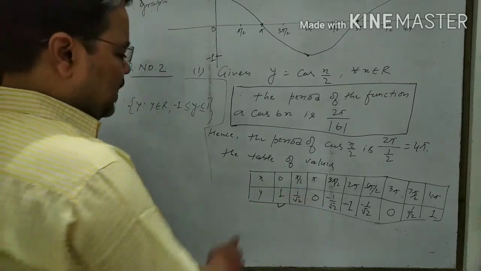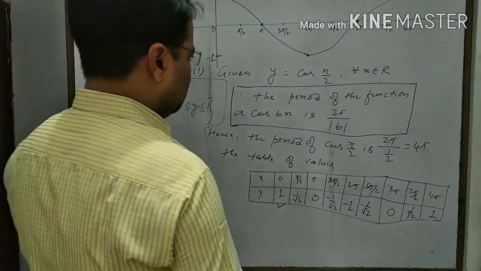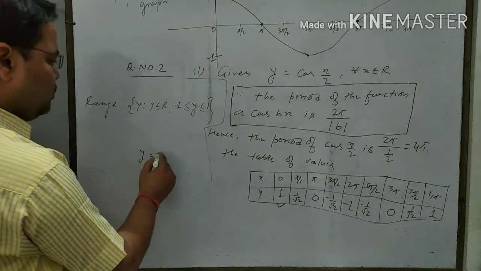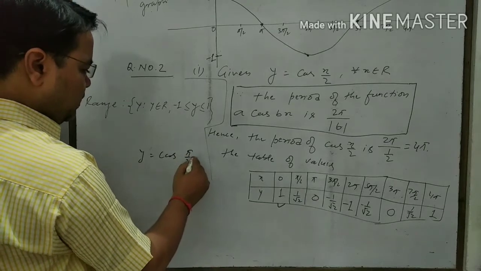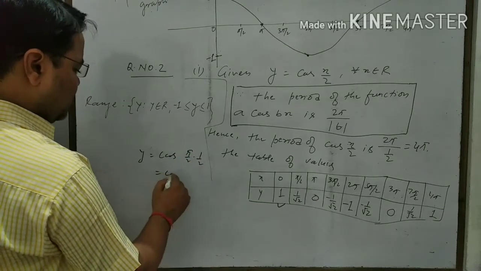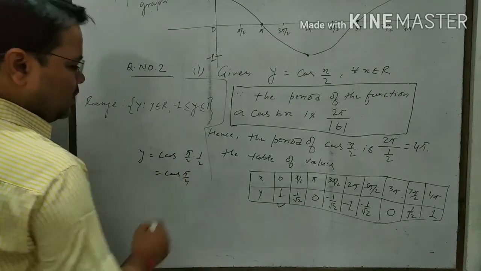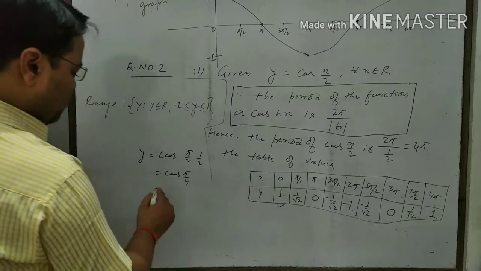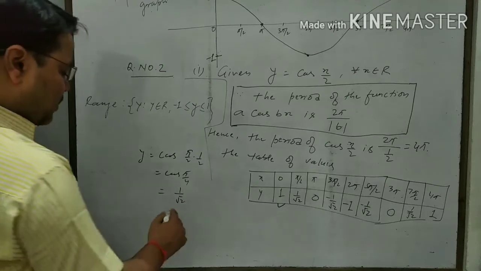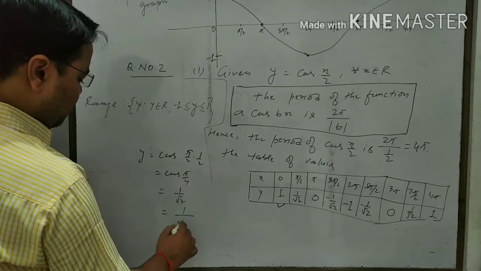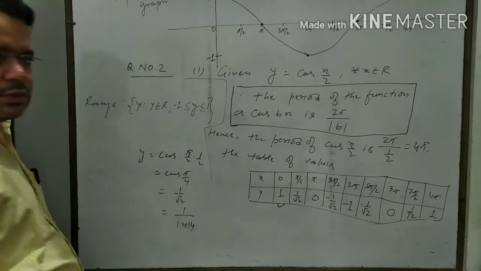Now, if we take x is equal to pi by 2, then y is equal to cos of pi by 2 into 1 by 2, which means cos pi by 4. And cos pi by 4, we know that its value is 1 by root 2, and 1 by root 2 means 1 upon 1.414.